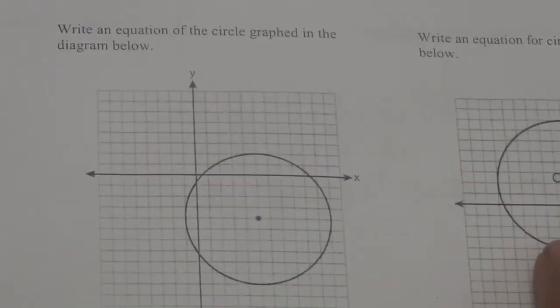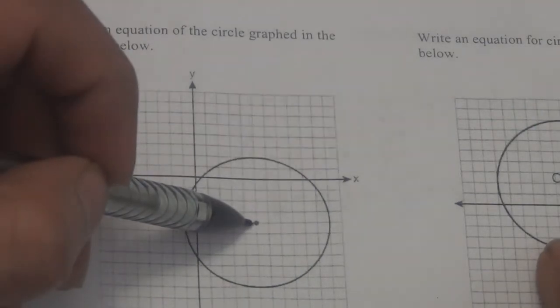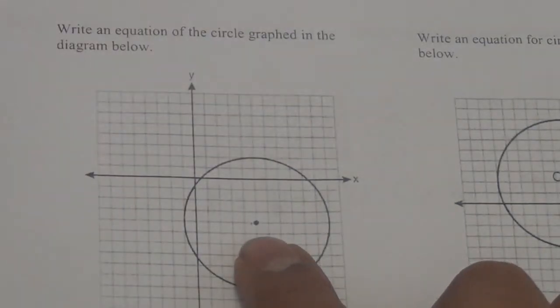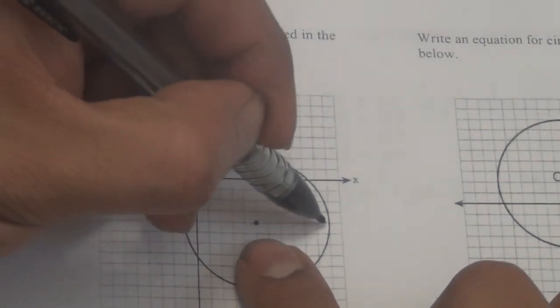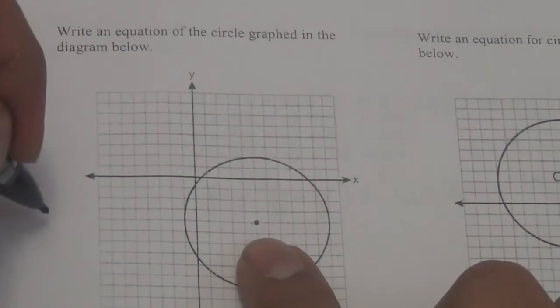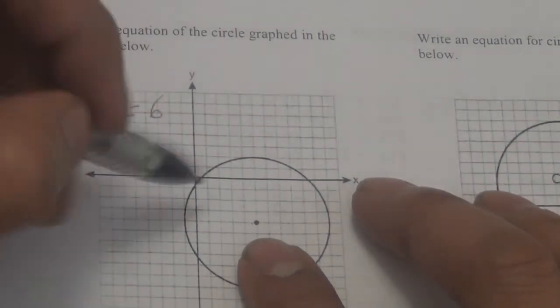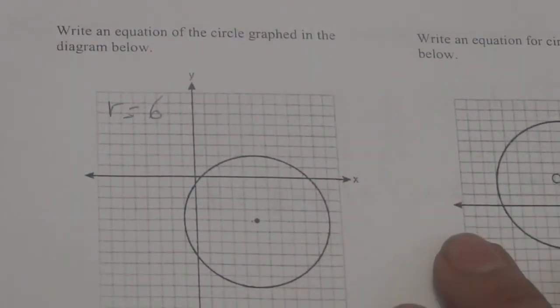Here, write an equation of the circle graphed in the diagram below. You already got the center, and the only thing I'm going to help you with is the radius. So 1, 2, 3, 4, 5, 6. The radius is 6, so r equals 6. You figure out what the center is, and then you write the equation of your circle. So do it now.